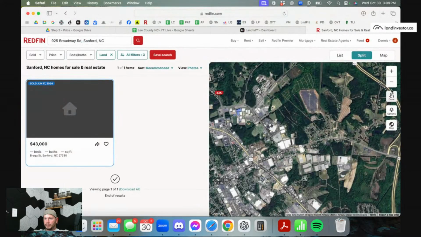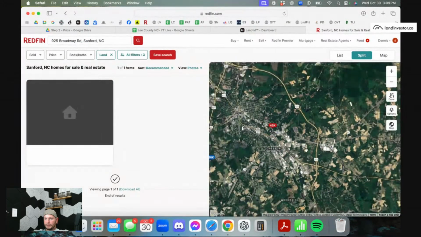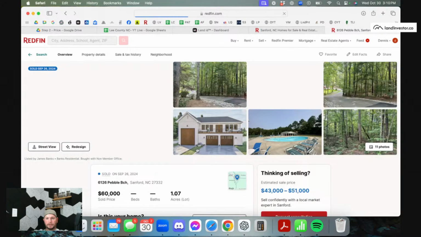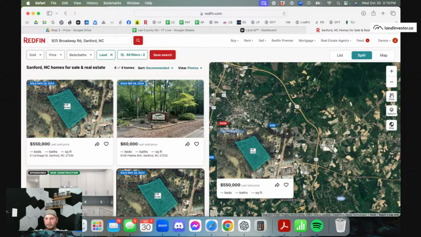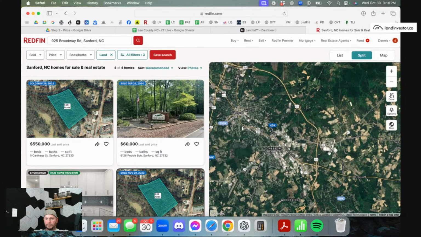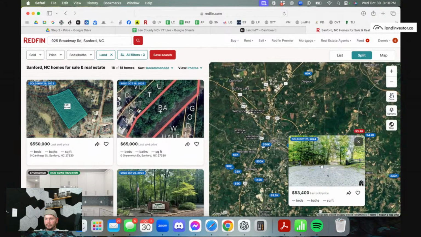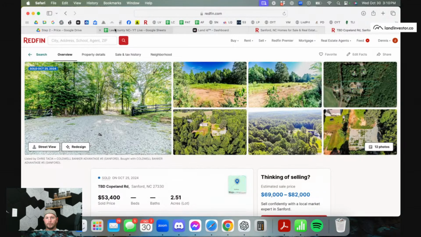Small lot, 43K. Super small lot, but it's actually not a terrible comp. Just because you're close to the thing. This is on a subdivision. This one doesn't make sense for 550. We got a 54. Okay, so 54. Let's just say that.